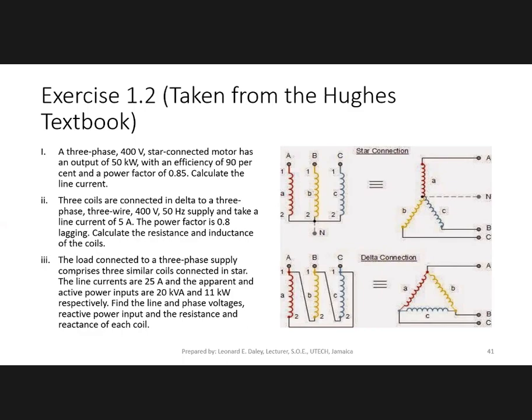There's one more thing I want to do before we get into the lab on 3-phase systems, and that is how we use the 2-watt meter method of determining the power in a 3-phase system. After that, I think we can do some lab work.